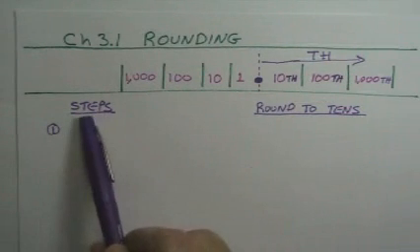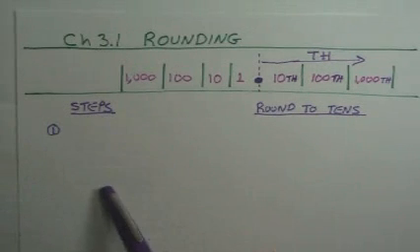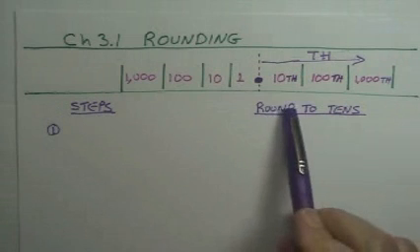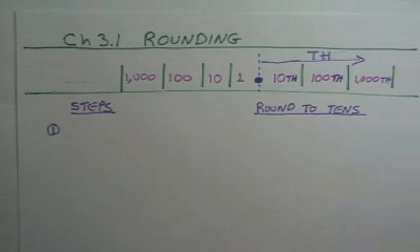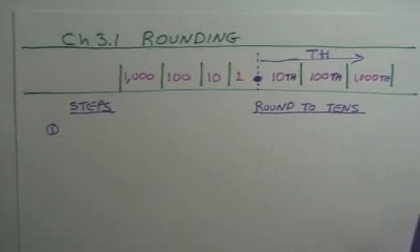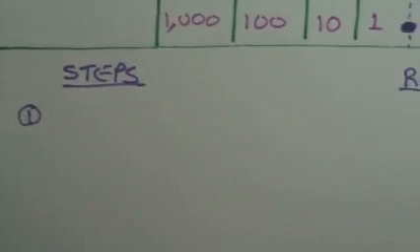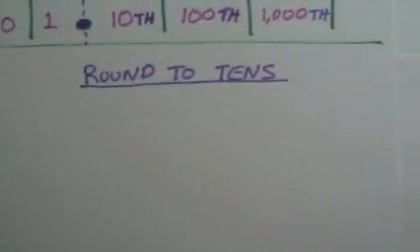Okay, so on the left side, go ahead and put the word steps. We're going to write down our steps to rounding. And over on this side, just go ahead and say round to tens. We'll do an example right here. So steps, round to tens.